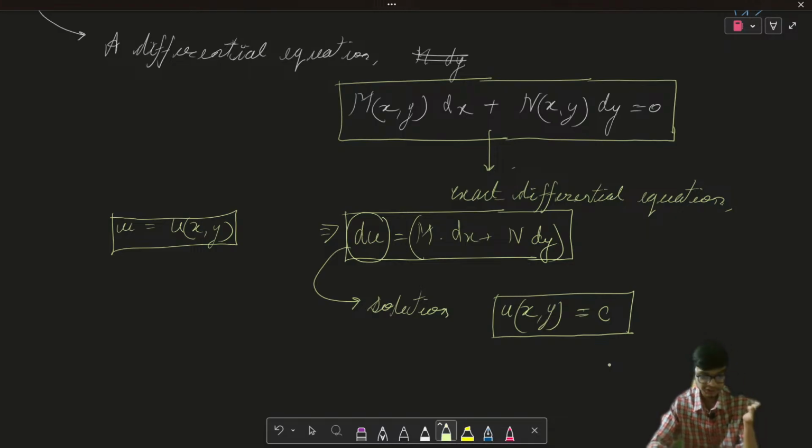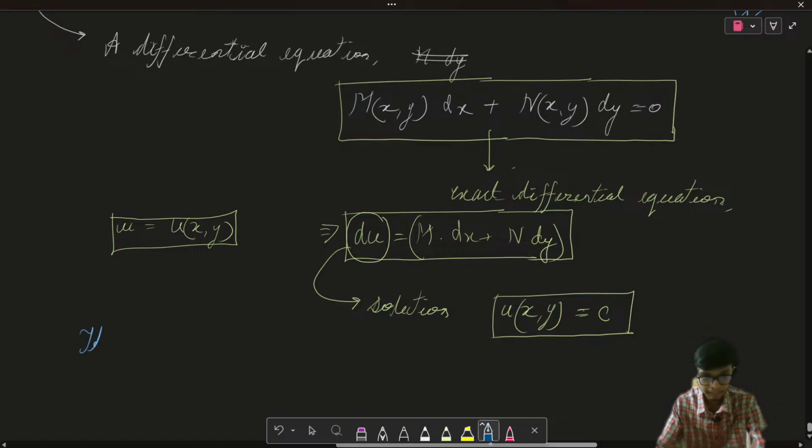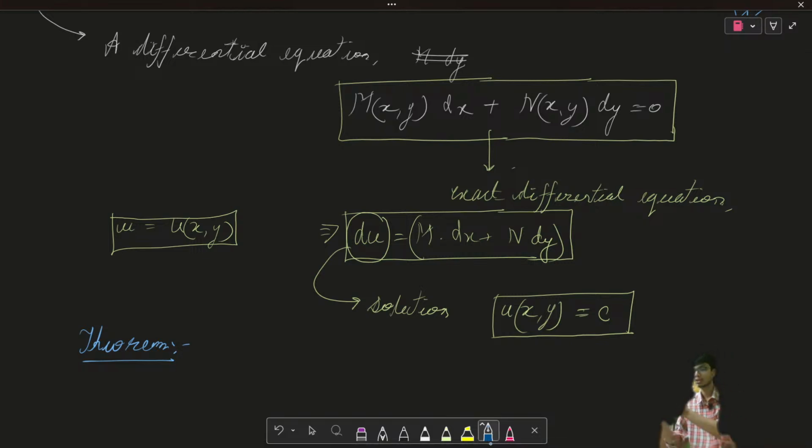But there is one question: how do we confirm whether the above mentioned equation is exact or not exact, right? The answer to this question is the following theorem. There is one theorem which helps us understand whether a given differential equation is an exact differential equation or not.